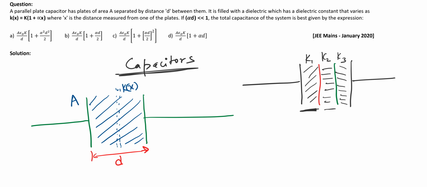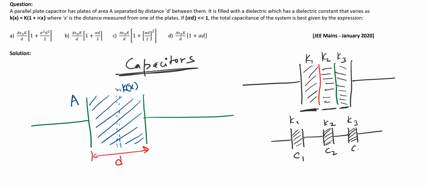Each part of the capacitor with a different dielectric can be treated as a different capacitor. So over here we'll get three capacitors. And these capacitors, since they are connected side by side, can be treated as capacitors connected in series. The capacitor with K1 dielectric, we'll say its capacitance is C1, with K2 dielectric it is C2, and with K3 dielectric it is C3.